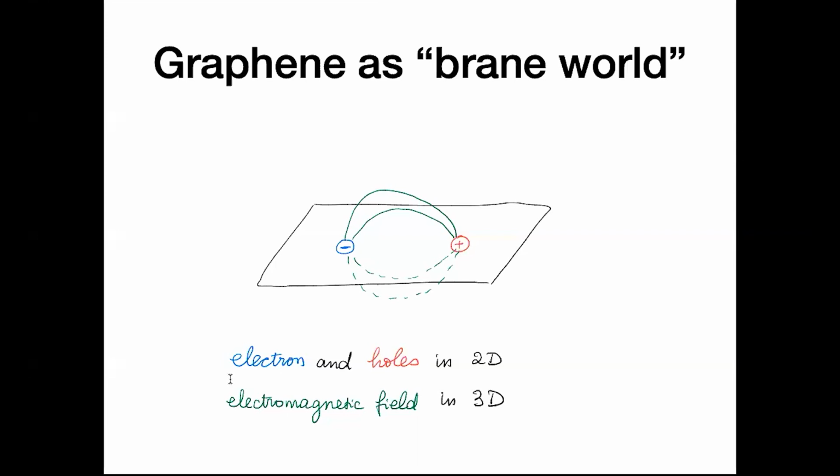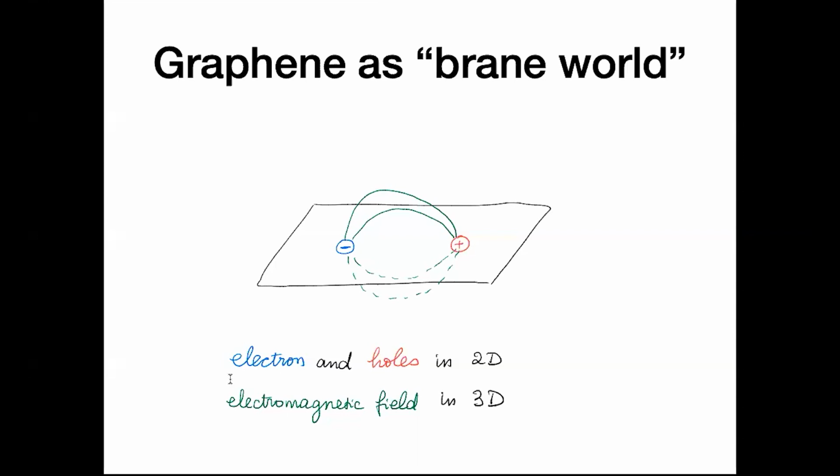So this reminds one of some scenarios that have been discussed in particle physics, trying to speculate what lies beyond the standard model. Some people speculate that our standard model lives in a 3+1 dimensional membrane that is immersed in a space with higher dimension.